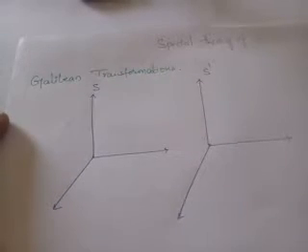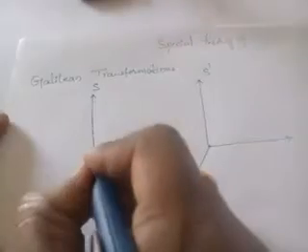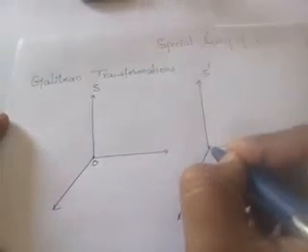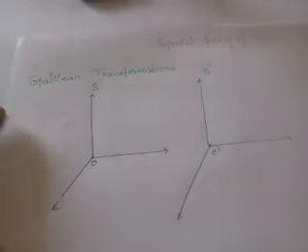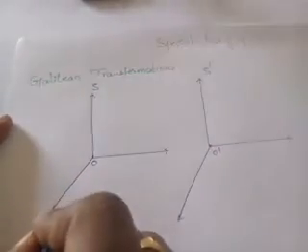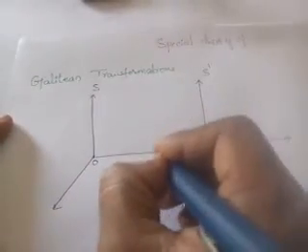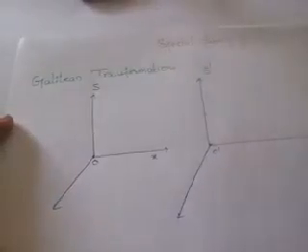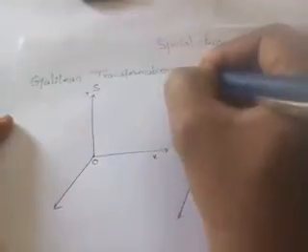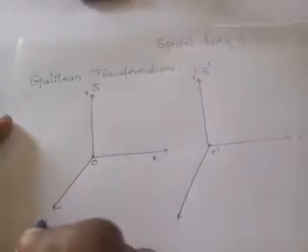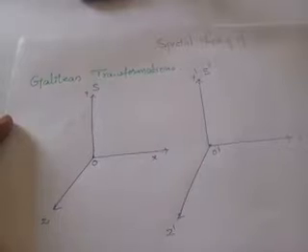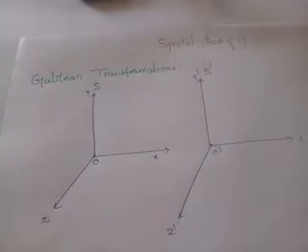Let us assume origins are O and O dash, and their coordinates can be taken as x, x dash, y and y dash. Here I am taking z and z dash. All are parallel to each other. These two frames are parallel to each other.